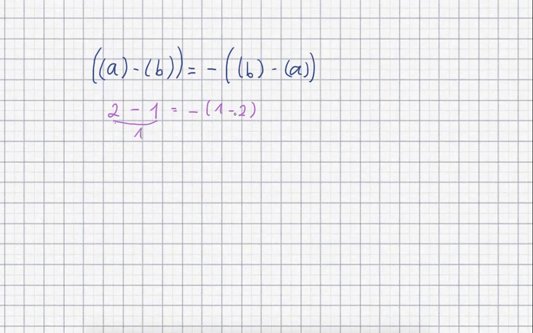How much is 1 minus 2? Minus 1. So you see, 2 minus 1 is actually minus, and then 1 minus 2. So it makes sense.